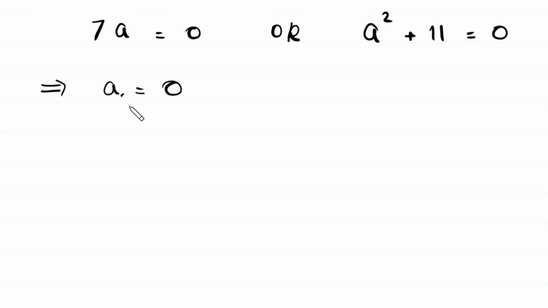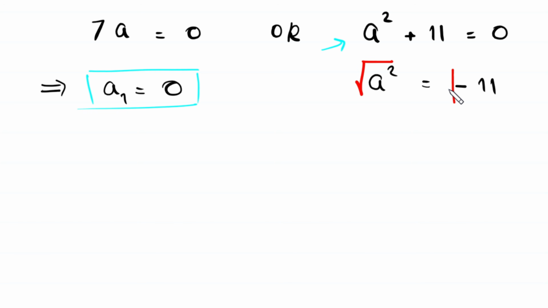This is the first value of a, this is the first solution of this equation. And from this second equation, move this plus 11 to the right hand side, then this will become a squared equal to negative 11, and we take square root of both sides. So this square will be cancelled with the square root. We are left with a is equal to plus or minus root negative 11.